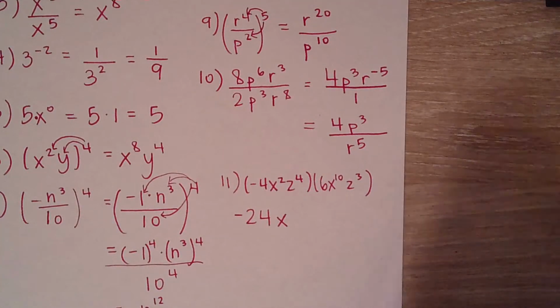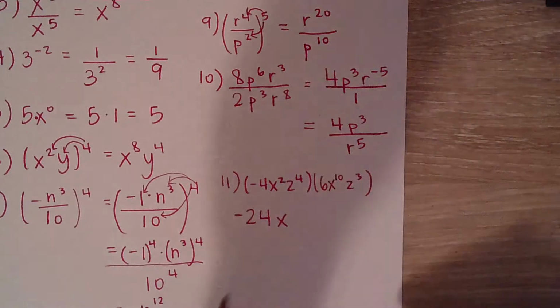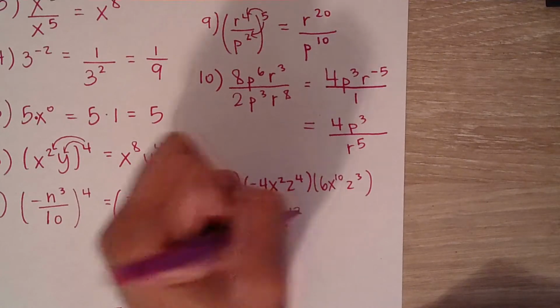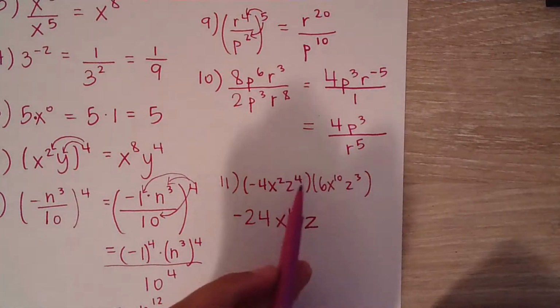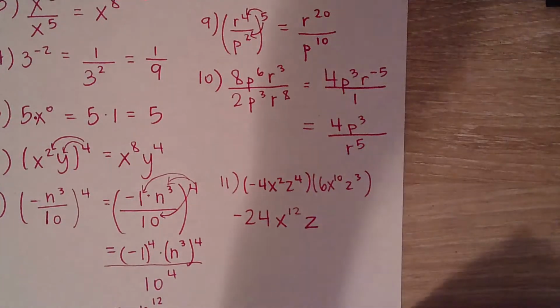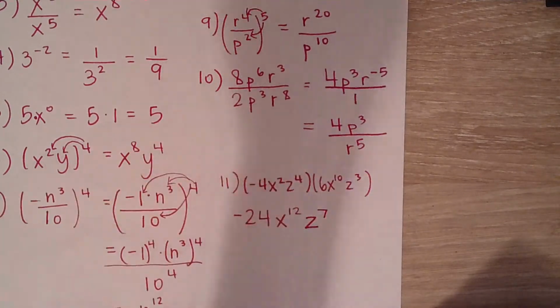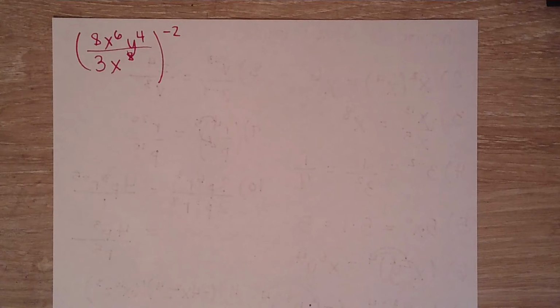Well, we have x squared and x to the 10th power. All right, so when we multiply, remember, we add those exponents. 2 plus 10, that gives us 12. And then we think of our z base, z to the 4th multiplied by z to the 3rd. That gives us z to the 7th power. All right, final answer.